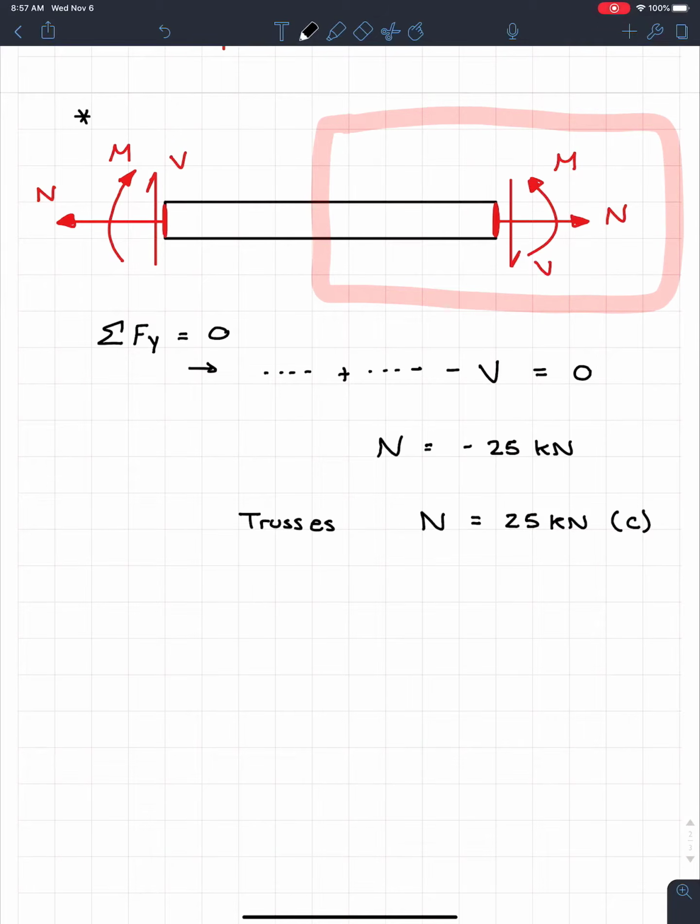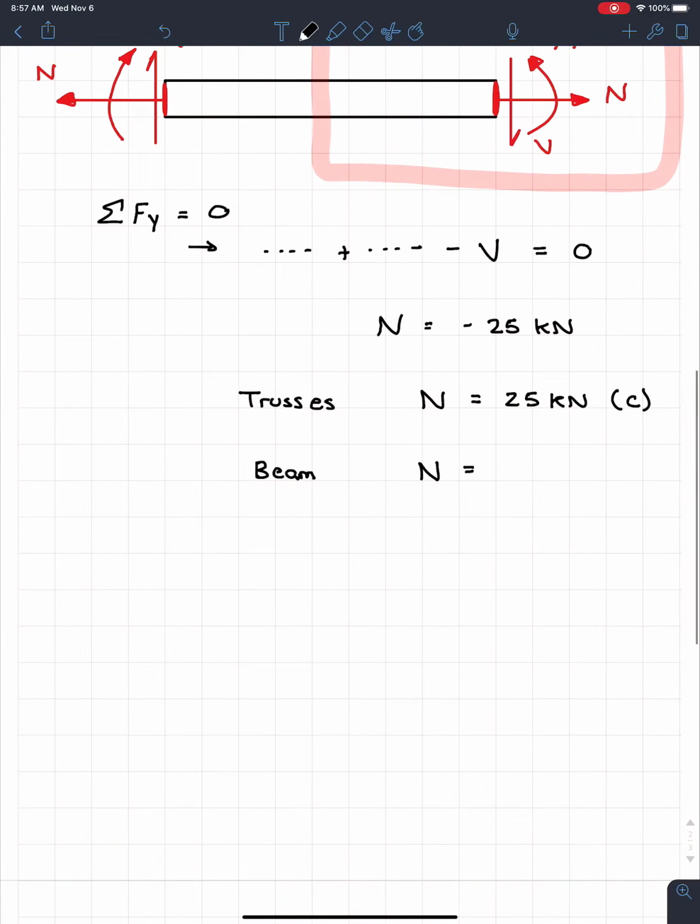And that's my final answer for trusses. For beams, however, things are a little different. So for a beam, I would put N is equal to, and this will probably make you really confused, but then you'll be really happy. If I get my normal force is negative 25 kilonewtons, for my N, I'm putting negative 25 kilonewtons.